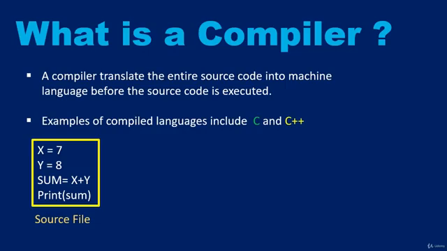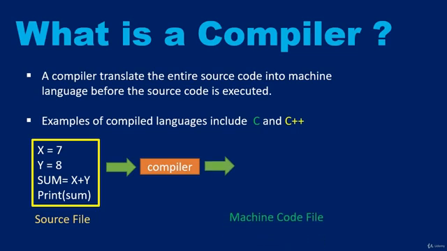And then you want to print the value of the sum using the print function. Now, the computer will not understand this. So what needs to happen? You need to use the compiler to convert that code into machine code.